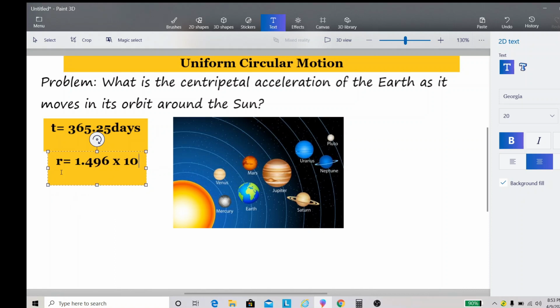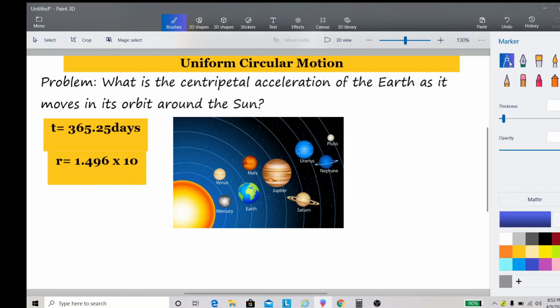Okay, raised to 11 power. Wala pa lang 11 power to, so gawan na natin ng paraan. We will just have to raise this to 11 power. Okay, so yan daw po yung ating mga given.